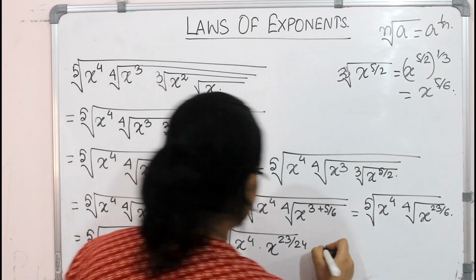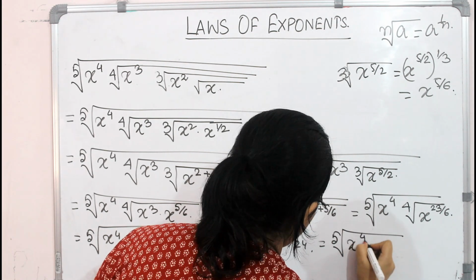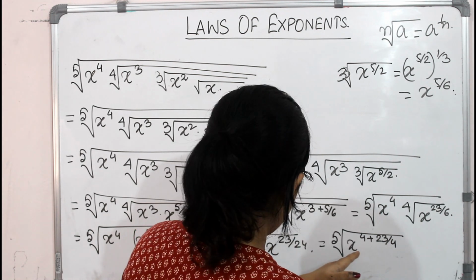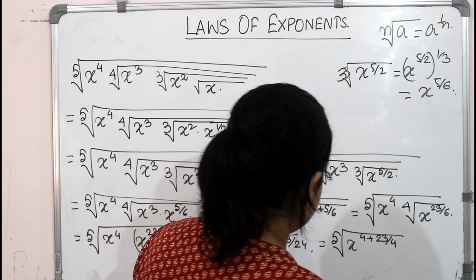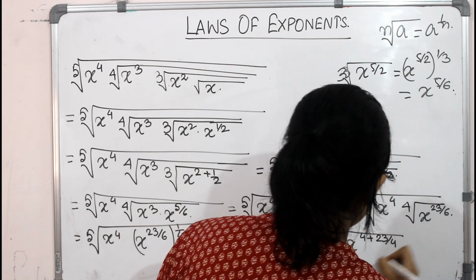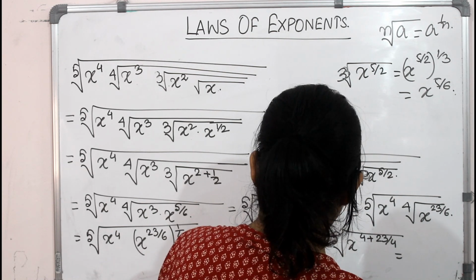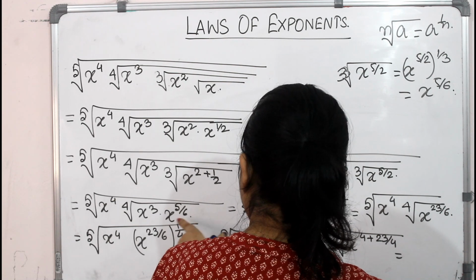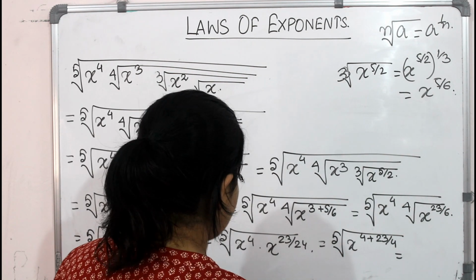So see here, let's do. Fifth root of x to the power of 4 into x to the power of 23 by 24.